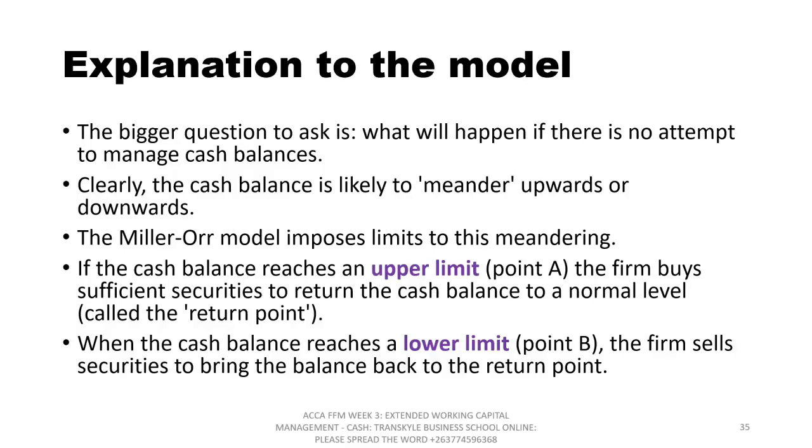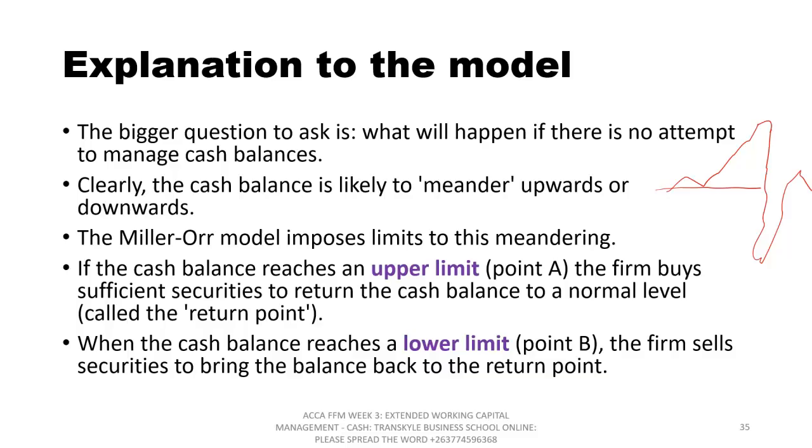So the bigger question to ask is, what will happen if there is no attempt to manage cash balances? Clearly, the cash balance is likely to meander. As I have shown you, the graph is not level. Sometimes it rises, sometimes it falls. The Miller-Orr model imposes limits to this meandering.